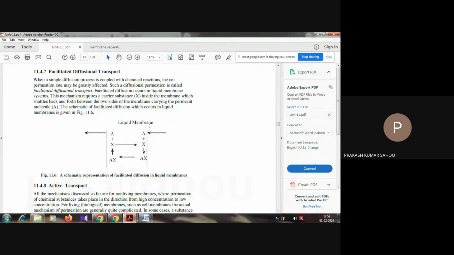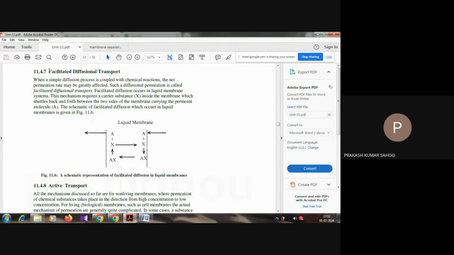Then facilitated diffusional transport. When a simple diffusion process is coupled with a chemical reaction, that is diffusion with chemical reaction, the net permeation rate may be greatly affected. Such diffusional permeation is called facilitated diffusional transport.